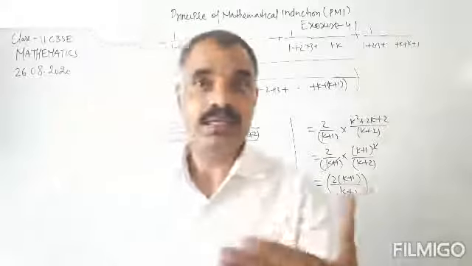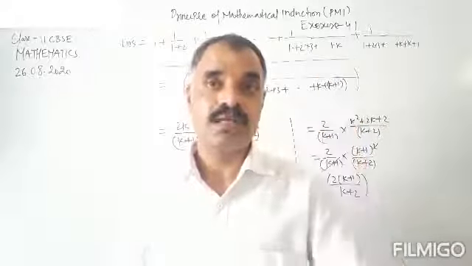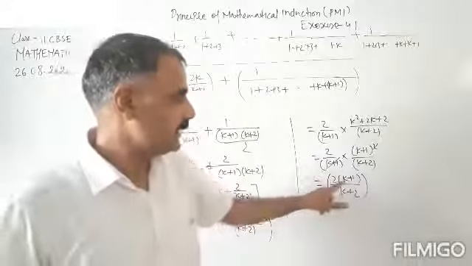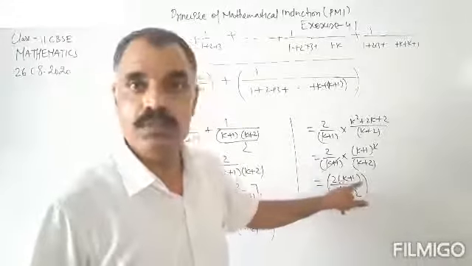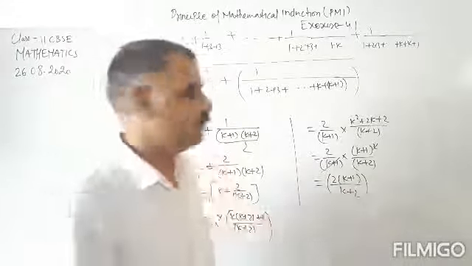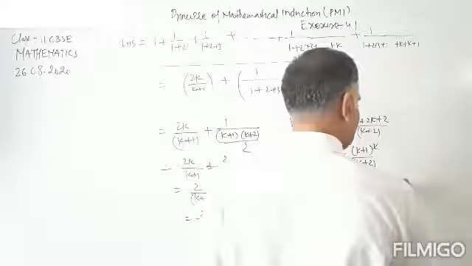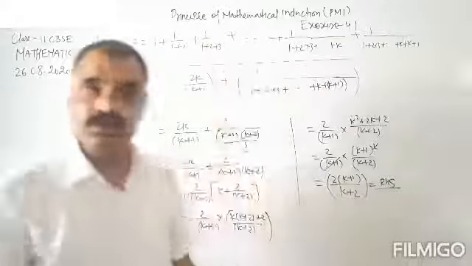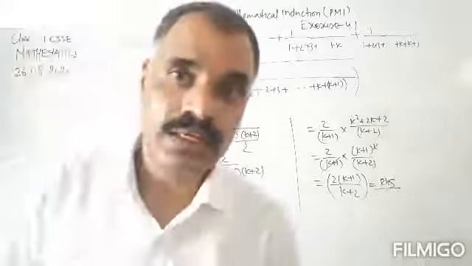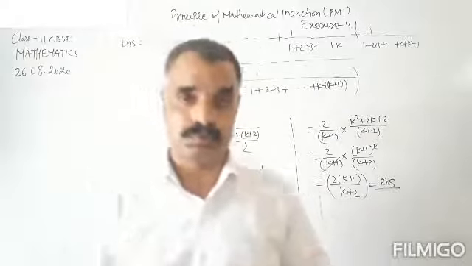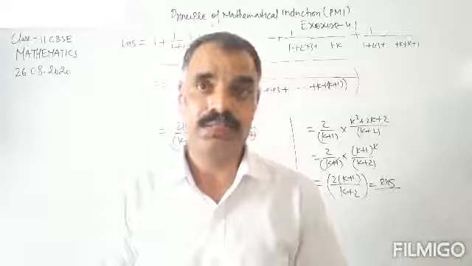You can see the induction step. The left hand side is equal to the right hand side, which is 2 into k plus 1 upon k plus 2. So it is equal to the right hand side. Okay, that is what we wanted to prove in the induction step.